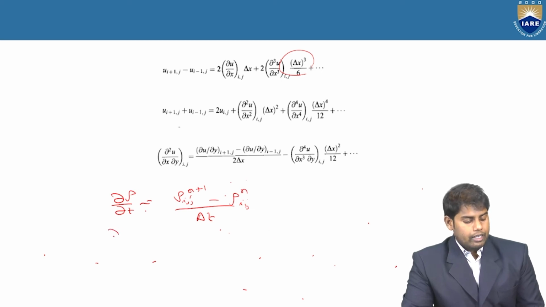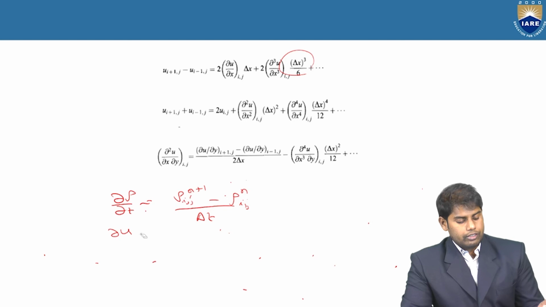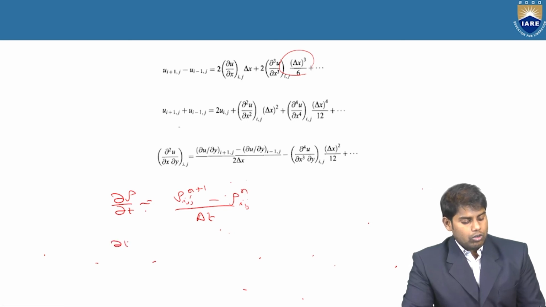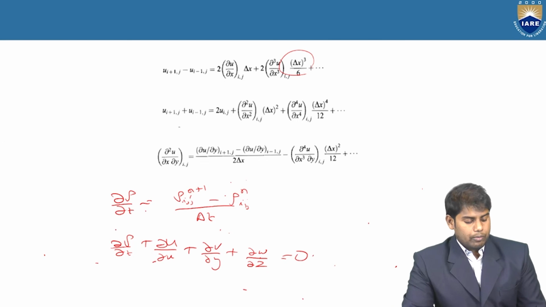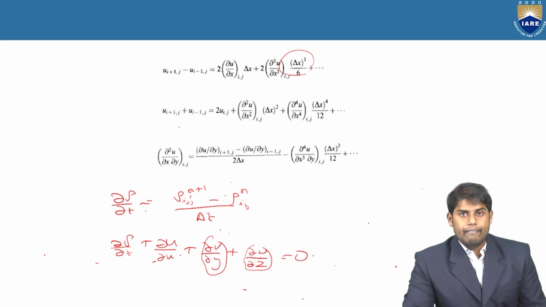In the continuity equation we have ∂ρ/∂t plus ∂u/∂x plus ∂v/∂y plus ∂w/∂z is equal to 0. Whatever process we have seen for ∂u/∂x, similarly will be done for ∂v/∂y and for ∂w/∂z. So we actually implement these methods for these terms.